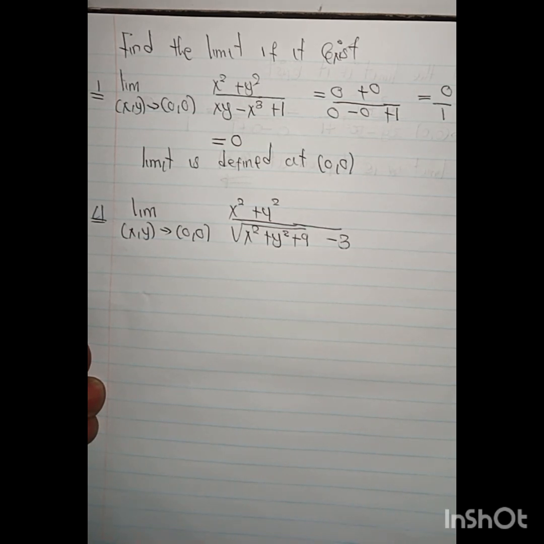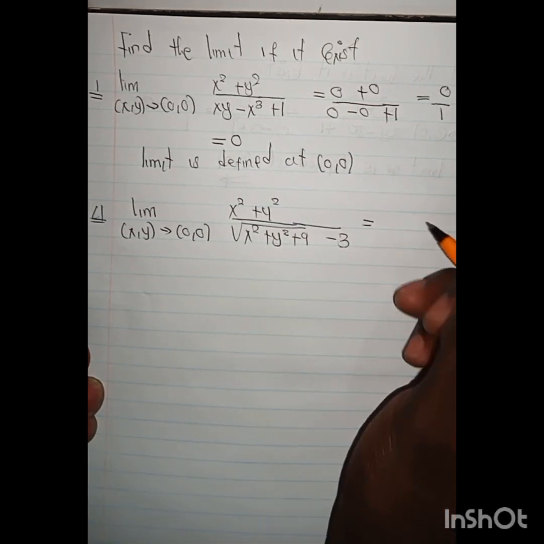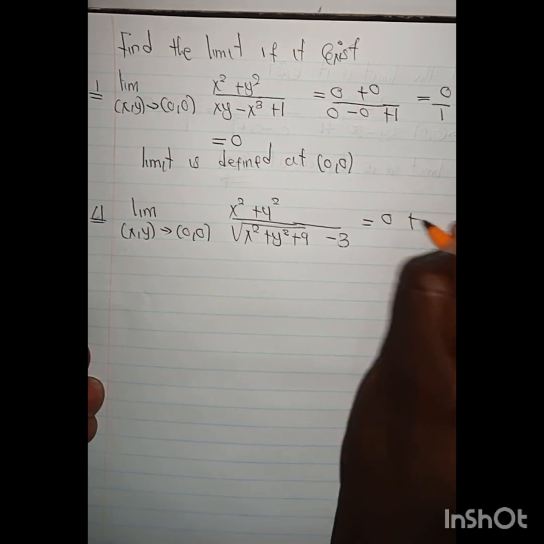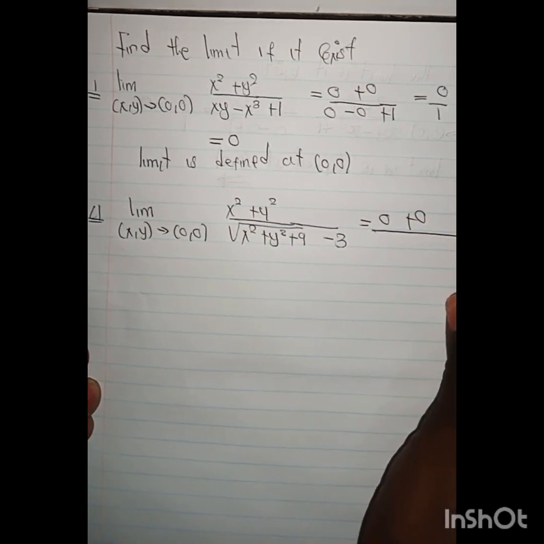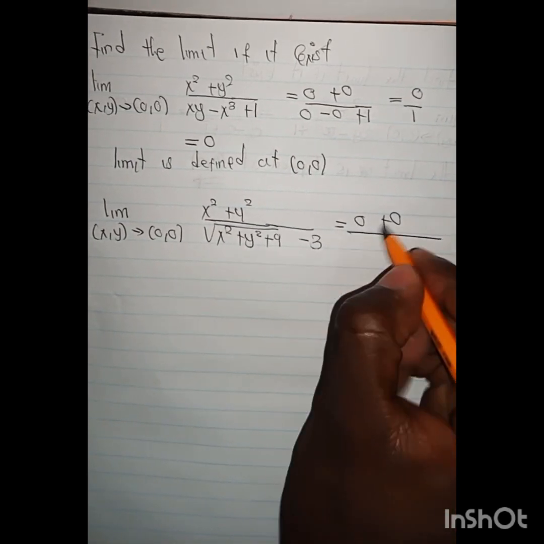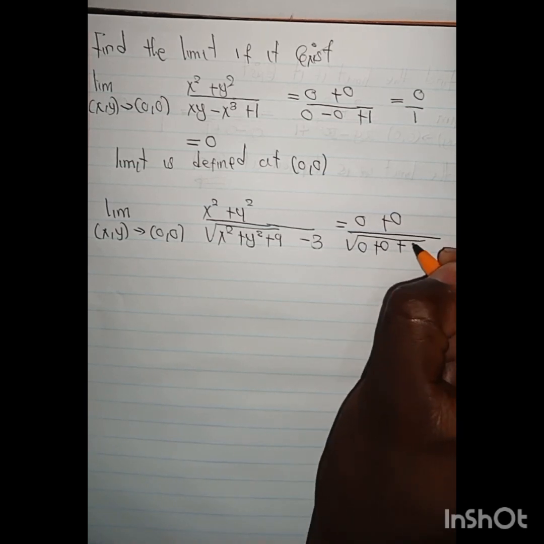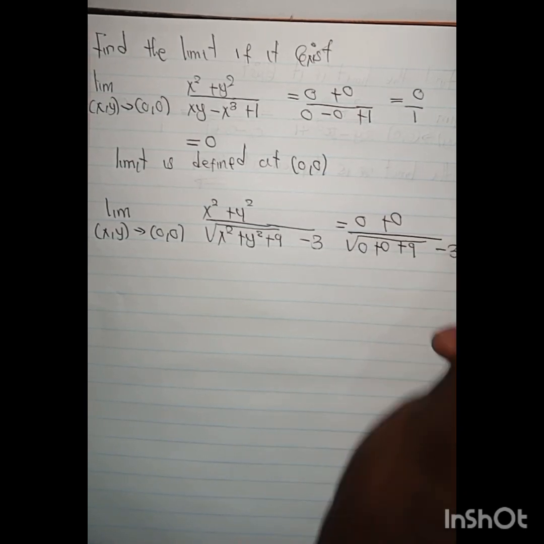The key thing is we first try the direct substitution. If we substitute directly with the origin, we'll have 0 plus 0 over the root of 0 plus 0 plus 9 minus 3.